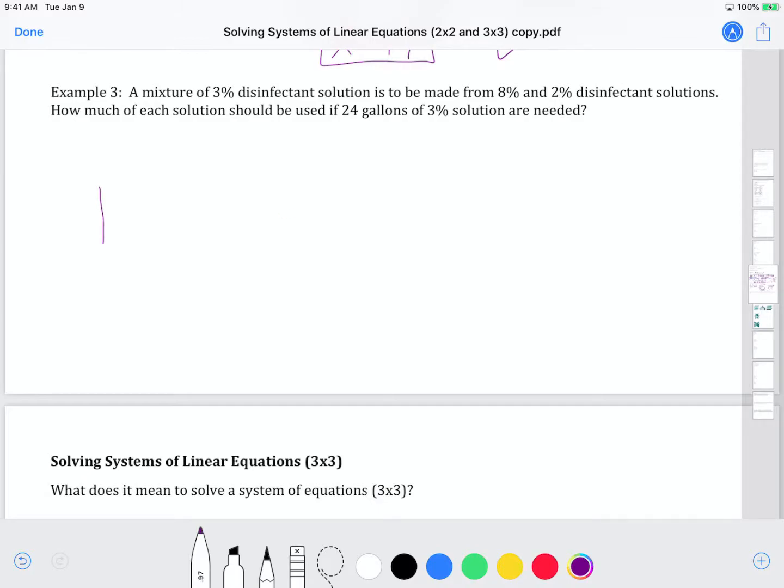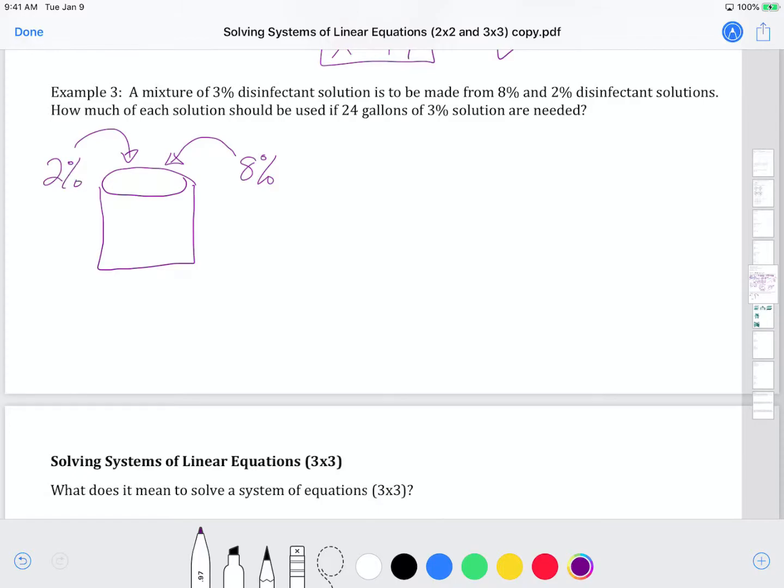So I like to draw pictures to visualize what's going on. So let's assume, if I had great artistic skills, that this is some bucket. And we're going to pour two different solutions into the bucket to create a new solution. The two solutions that we're going to add into the bucket, we have an 8% solution and a 2% solution.